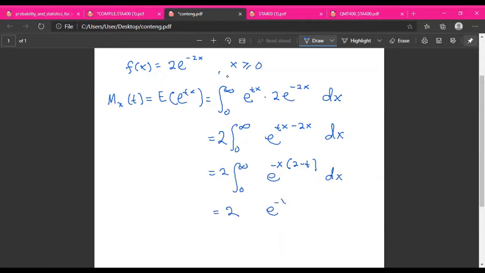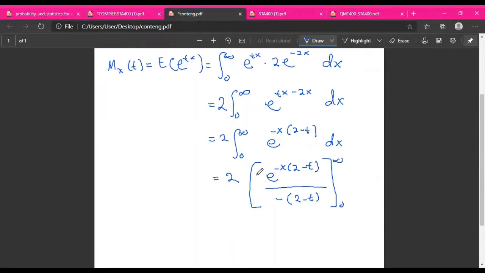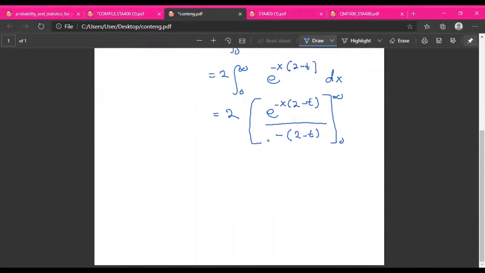Integrate this function first. Just copy the function again, and then you divide by the differentiation of the index here, so it will get negative 1 over 2 minus t. Actually it is the same as before, isn't it? So 0 to infinity. So what will happen when you replace x here with infinity, e power of negative infinity will be 0.